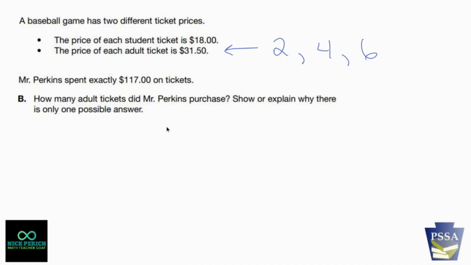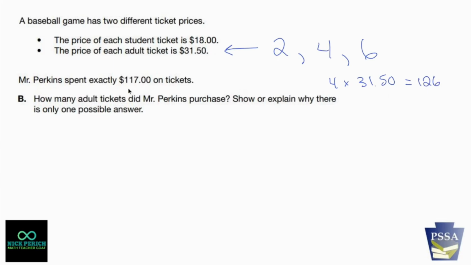No, I don't. If you threw in your calculator 4 adult tickets, 4 times 31.50 is going to be 126.